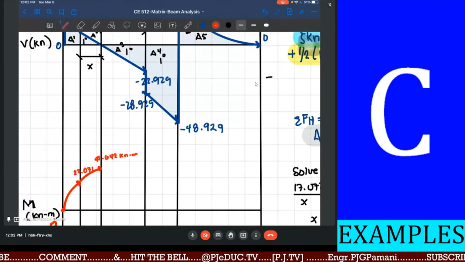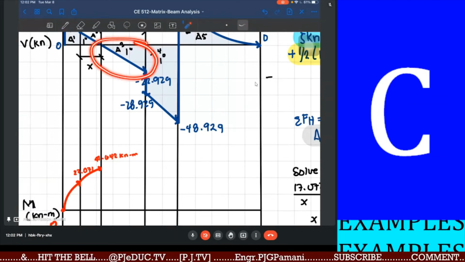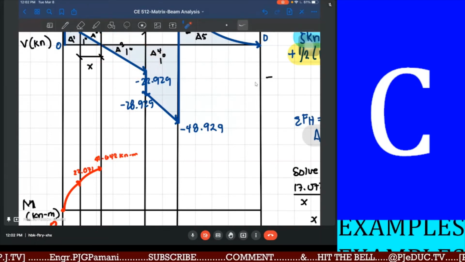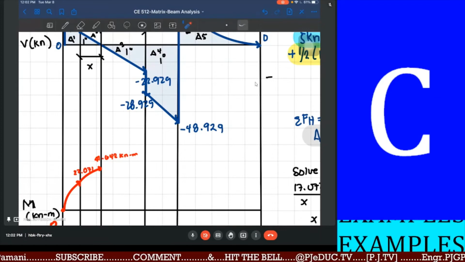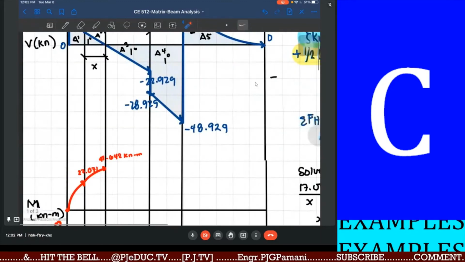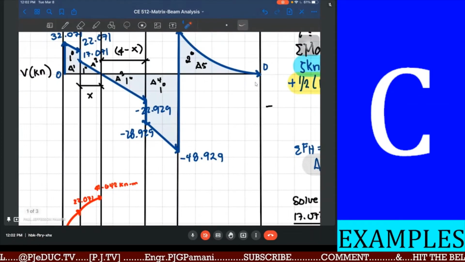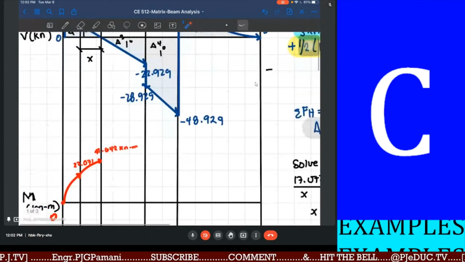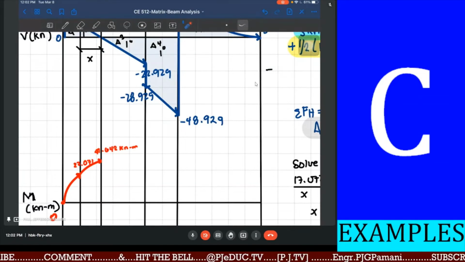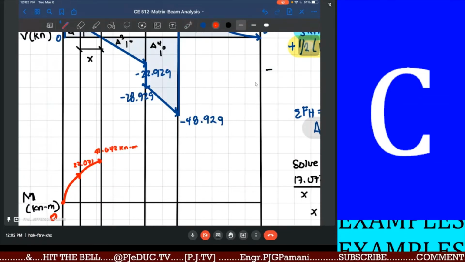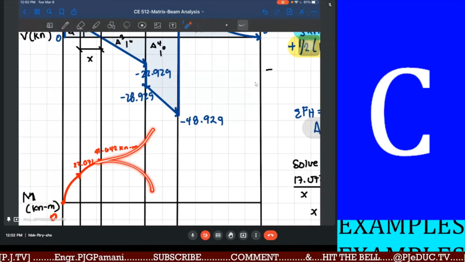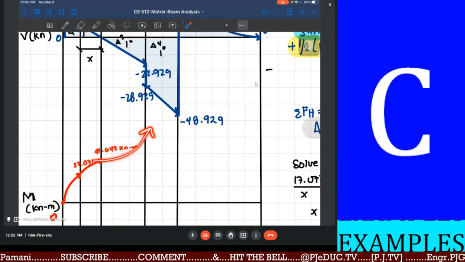Next is to subtract the triangle on the negative quadrant. Bakit subtract? Dahil nandun siya sa negative side ng ating figure. So, minus the area of that triangle, 1 half of 22.929 base is 2.2929. So, anong mangyayari sa figure natin? Tataas ba siya or bababa? Pataas o pababa?